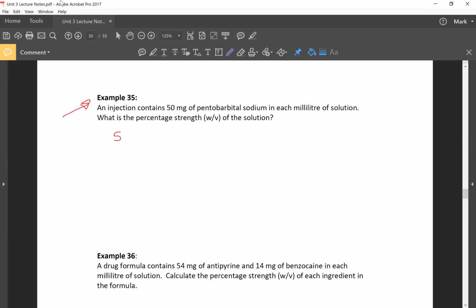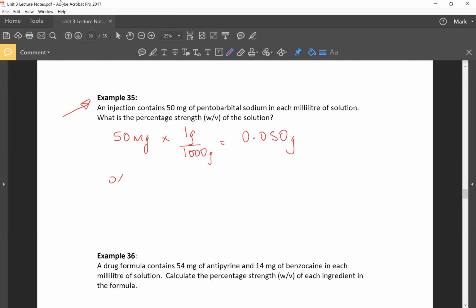So 50 milligrams times 1 gram over 1,000 milligrams equals 0.050 grams. You don't actually need to put the 0 there, but you can if you want to. Okay. So, I mean, that's basically it.